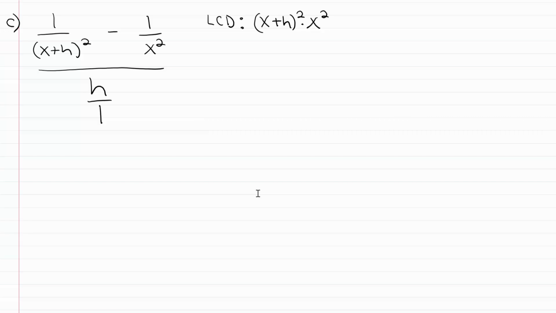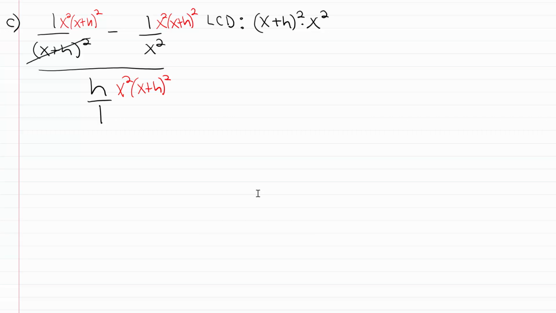So I'm just going to pen in here x squared times x plus h quantity squared for the first fraction. Do the same for the second, x squared times x plus h quantity squared, and then lastly x squared times x plus h quantity squared. Remember, those go in the numerator always. All right, so let's cancel what can be canceled.